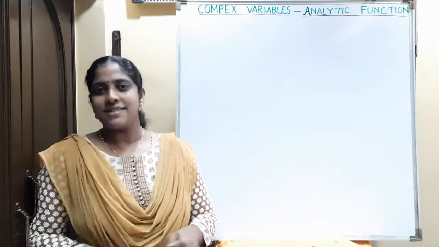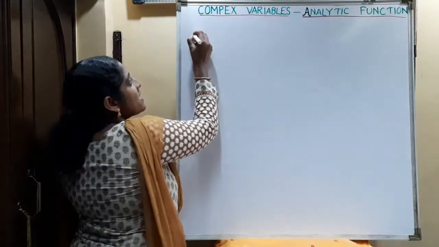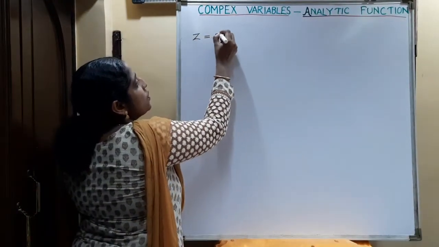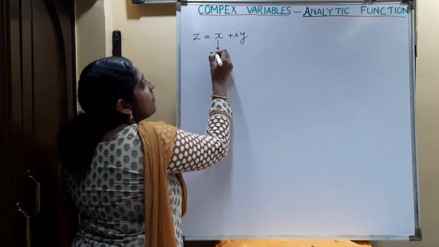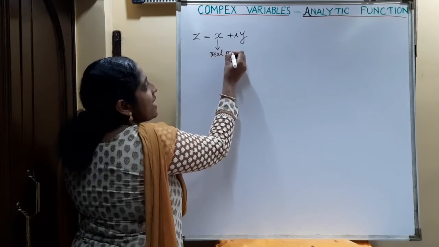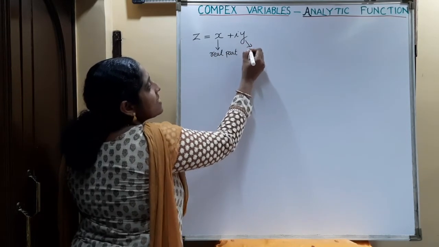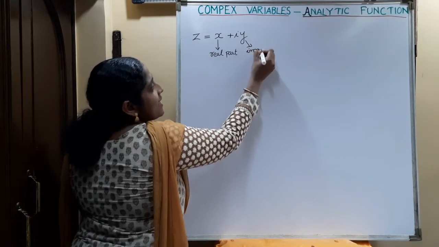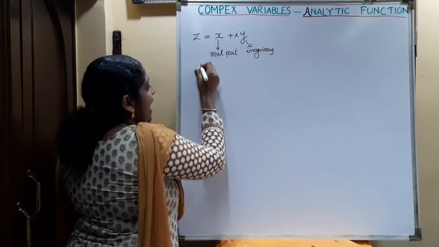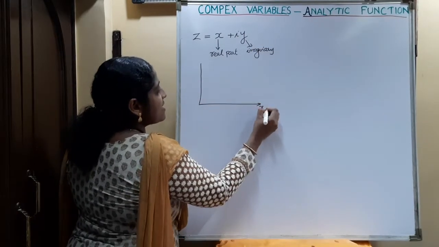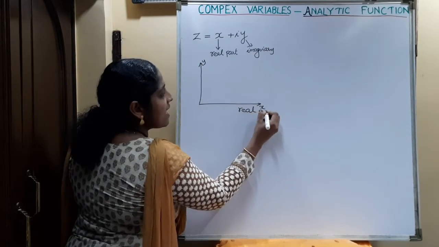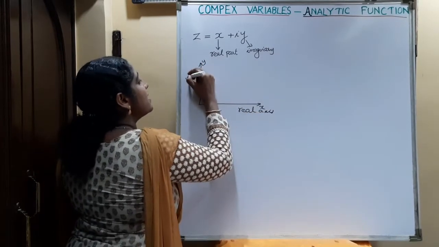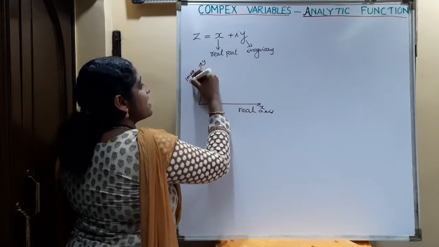So, a complex number is expressed as z equal to x plus iy, where x is the real part of this complex number and y is the imaginary part. In an xy plane, the x-axis is the real axis and the y-axis we consider as the imaginary axis.